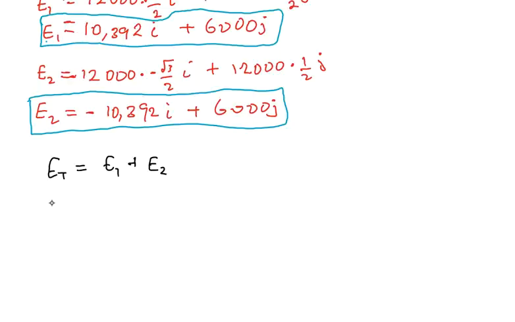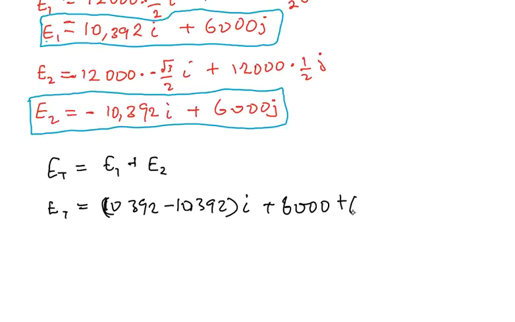So E total will be equal to 10,392 minus 10,392, this is i, plus 6,000 plus 6,000 j.